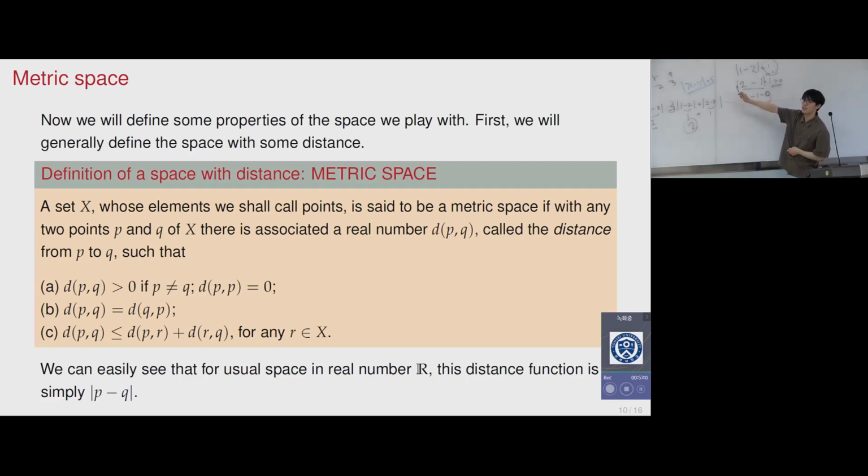The number changes, but it's still a distance. It doesn't matter whether you add 5 or add 100, it's just another way to define distance between objects. We're just trying to define a more general concept of distance. But in R, we usually use the absolute value as the distance.